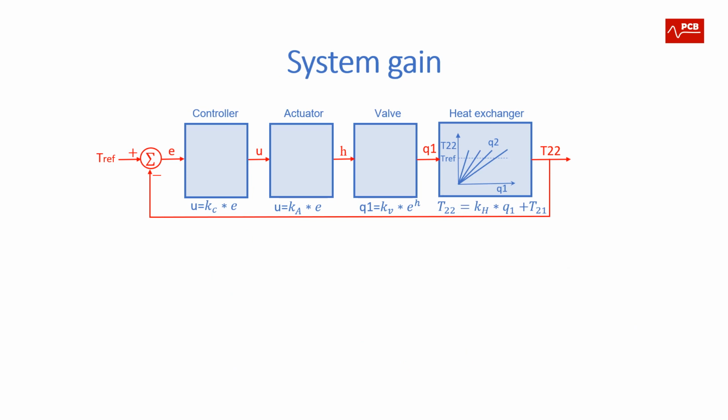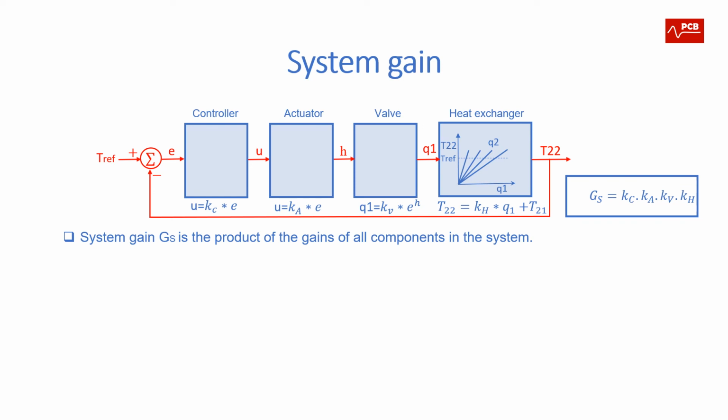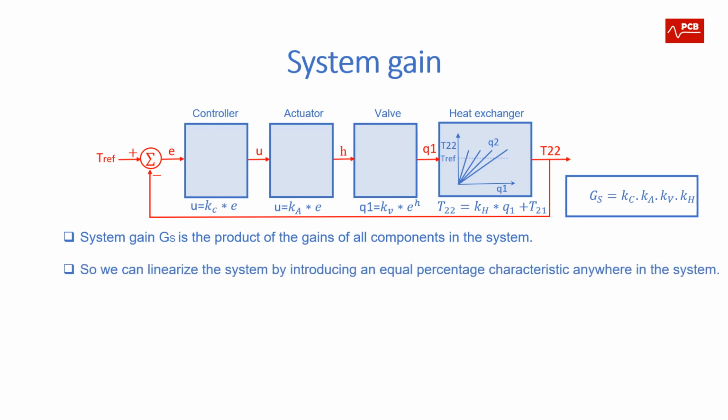System gain is a product of the gains of all components. And so we can linearize the system by introducing an equal percentage characteristic anywhere in the system. It can be a controller, actuator, or valve.